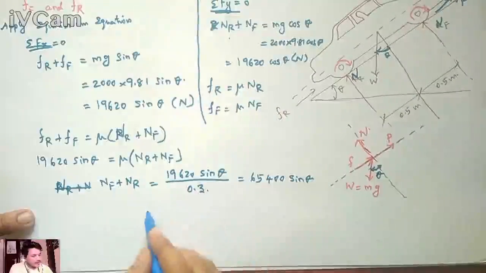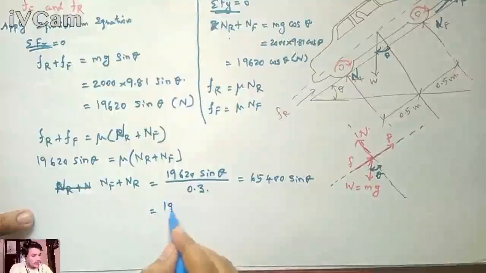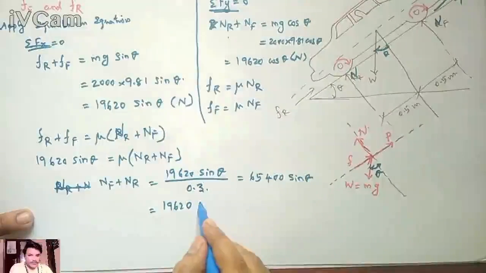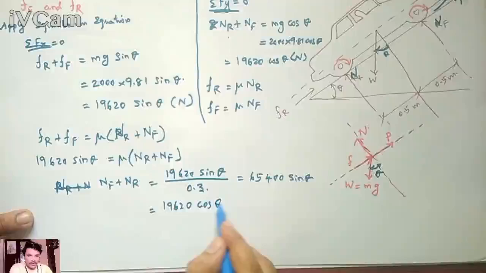Also you know NR plus NF is 19620 cos theta. Now you can solve these two.